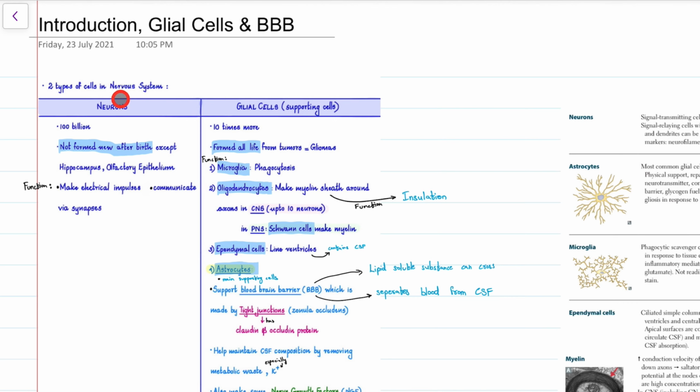Neurons are like doctors in a hospital, and the glial cells are like the nurses. Neurons are about 10 billion in number, whereas the glial cells are 10 times more. Okay, you see, in a hospital usually the number of doctors is less, but these supportive staff, the nurses, the cleaning technicians, engineers, pharmacists, they are more in number, right?